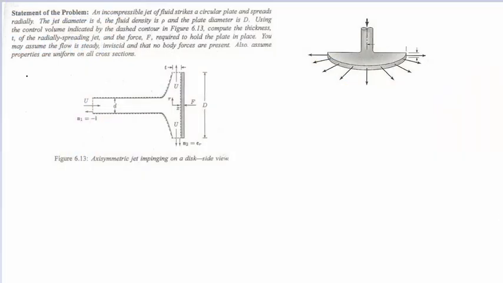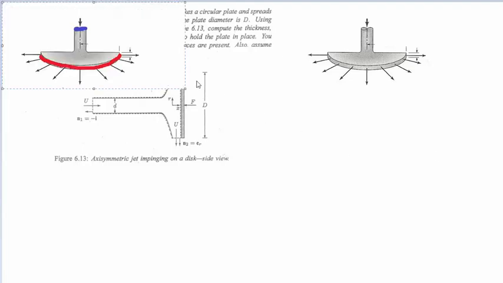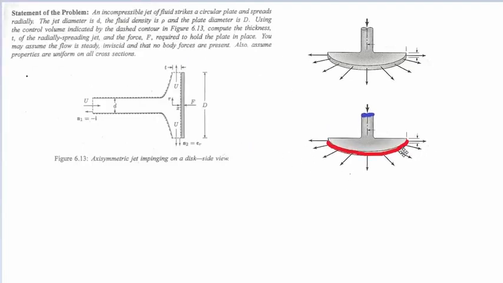So you need to be a little bit careful about how you represent the geometry when you're going to set up your equation. And if we're looking at control surfaces, notice that your control surface at the inlet is going to be circular, but your control surface at the outlet is not going to be circular. It's actually going to be a shell.